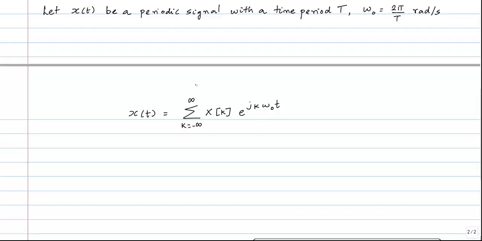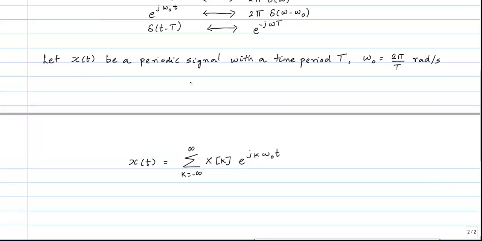Okay. Now, the way we are going to derive the Fourier transform of x of t is to apply the Fourier transform to both sides of this expression. So if I take the Fourier transform of x of t, we get X of j omega. Now this must be the Fourier transform of this signal, right?